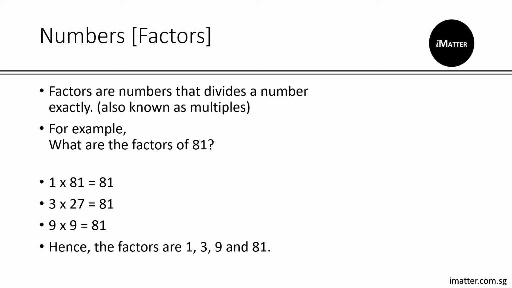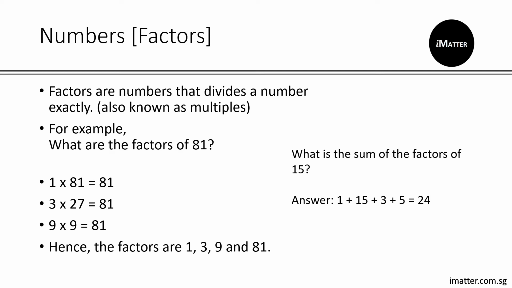Now let's try another question, which is what is the sum of the factors of 15? This question is slightly different than the previous question because the previous question asked you to list out the factors. However, this question wants you to find out the sum of the factors. So the answer is 1 plus 15 plus 3 plus 5, and that will give you 24.